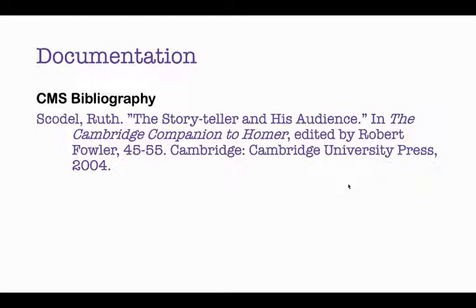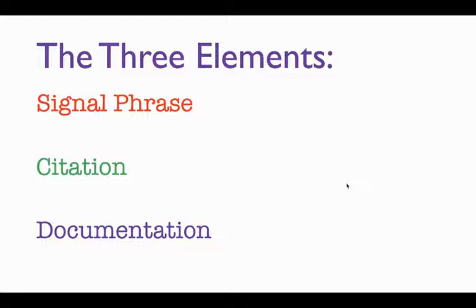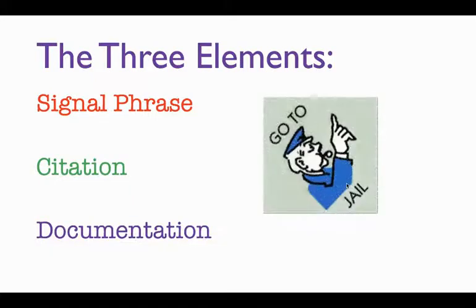In future videos, we will go into some of the finer differences between the MLA, APA, and CMS style, so it will help you when you are using that particular style and not just this basic overview of signal phrase, citation, and documentation. But by paying attention to these three elements, you will be assured of never falling into the unintentional plagiarism trap.